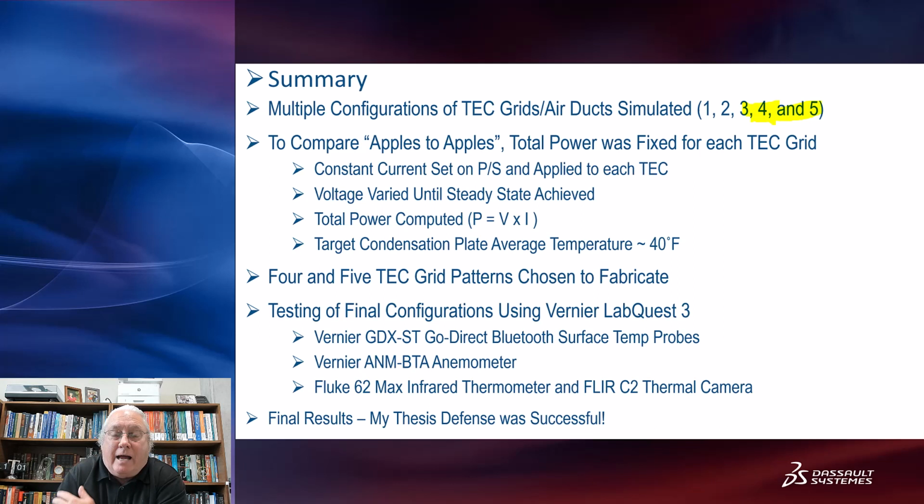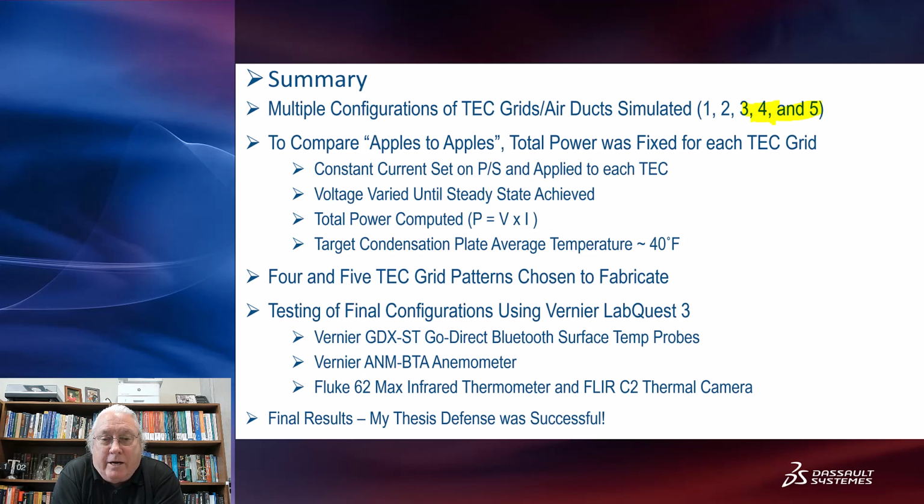To compare apples to apples on these different configurations, the total power for each set of TECs on a particular grid, whether it was 1 or 4 or anything between, I fixed so that the same amount of power is going to each condensation plate. I just set the constant current on my power supply and applied it to each of the TECs.